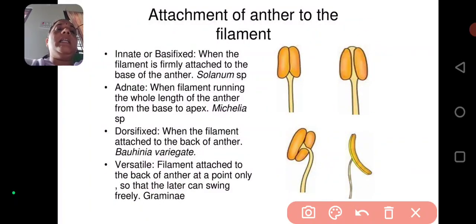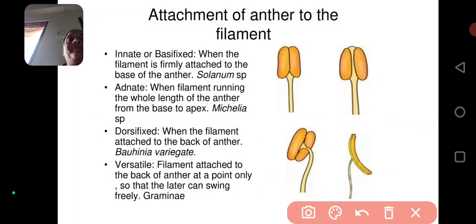If in the practical examinations the lecturer gives the flower, we have to observe the stamens, the filaments and anthers, and write what type of anthers are present in that particular flower, that is basifixed or adnate or dorsifixed or versatile.